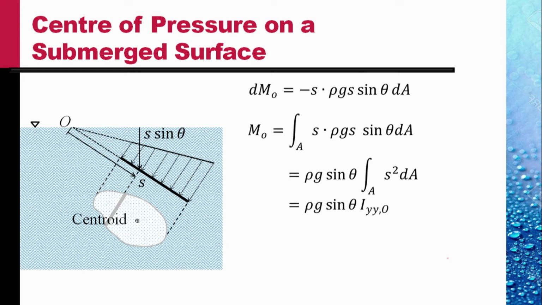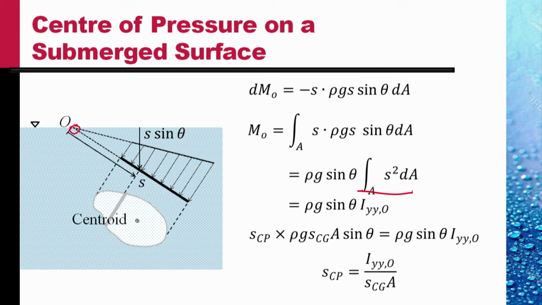The s squared dA term, integral over A, is nothing but the second moment of area about the axis perpendicular to the screen passing through O. So the moment now is rho g sine theta times the second moment of area I_yy,O.